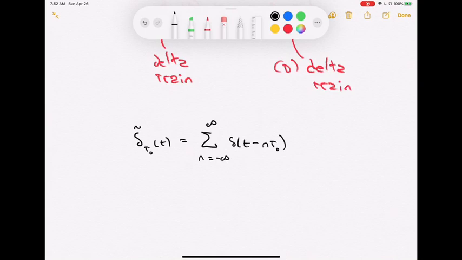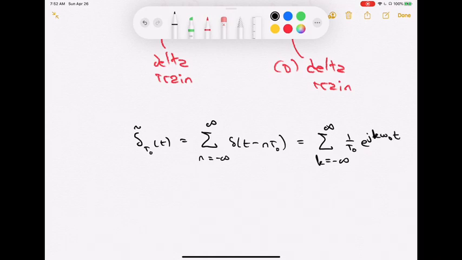What does Fourier series say? Fourier series says you can reconstruct a waveform as a sum. That sum is over all of our frequency components, k equals minus infinity to infinity, of my Fourier series coefficients, which in this case are just 1 by t naught, and they weight these exponentials, e to the j k omega naught t.